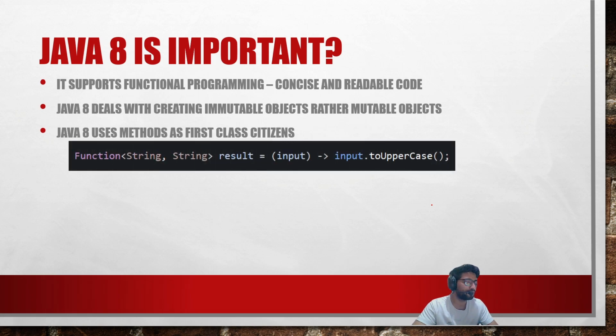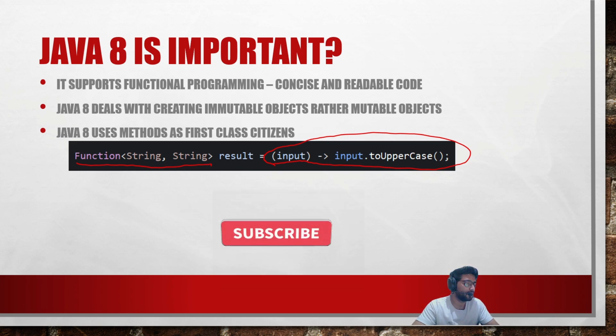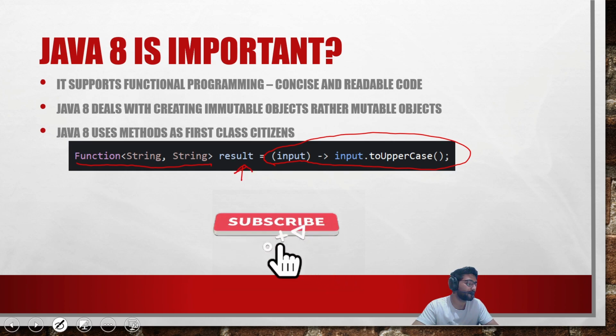So let's see one of the examples which I have taken from Java 8 code. We have defined one lambda here, this is the lambda expression. It is taking one input and converting that input into uppercase, and I am using one functional interface which takes one string as an argument and gives a string as a result.